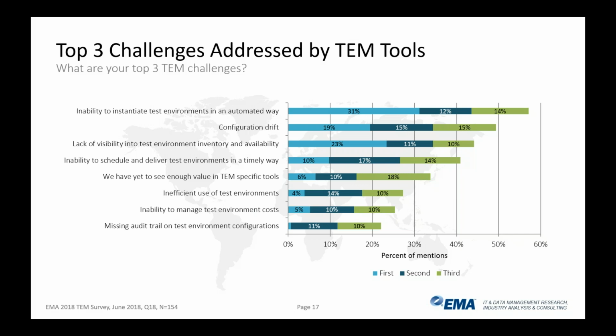So the fact that value is fairly far down the list means it's less of a challenge also. That sounds like a double negative, but I think that's actually true. The items toward the bottom of the list are less of a challenge than the ones at the top of the list. Mm-hmm.